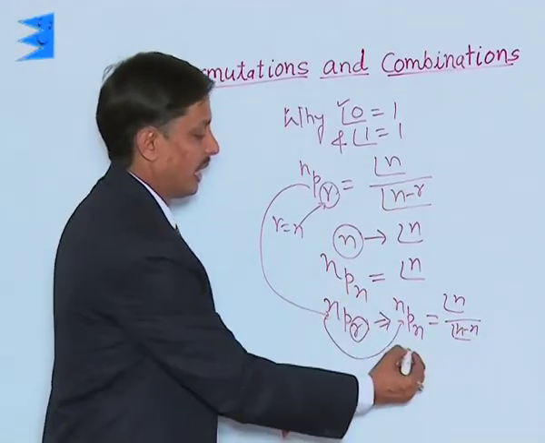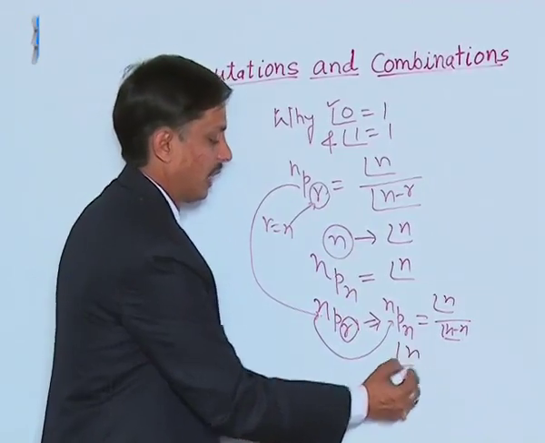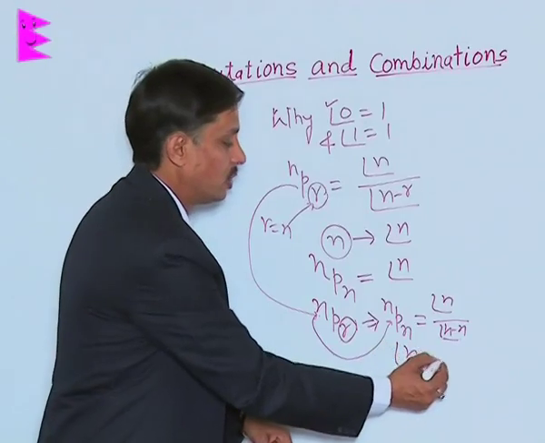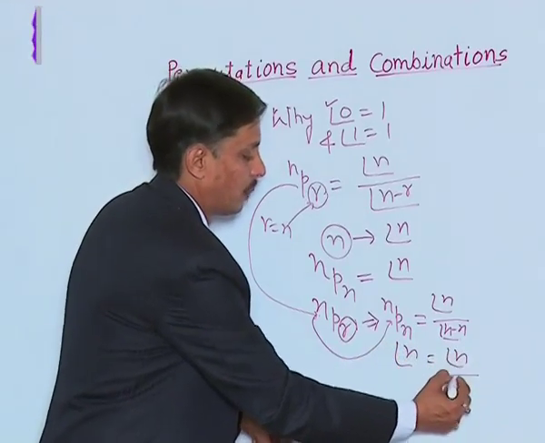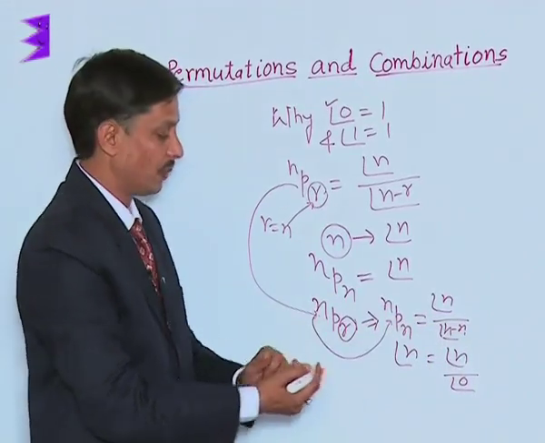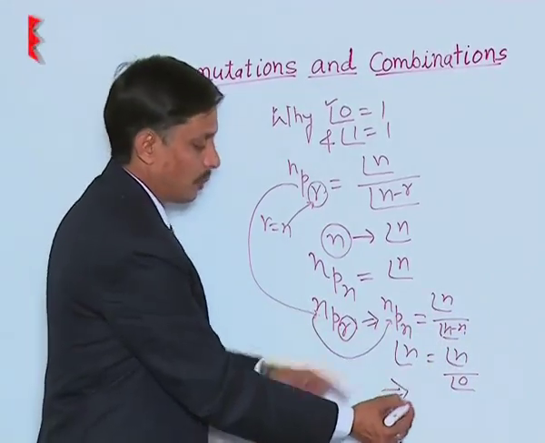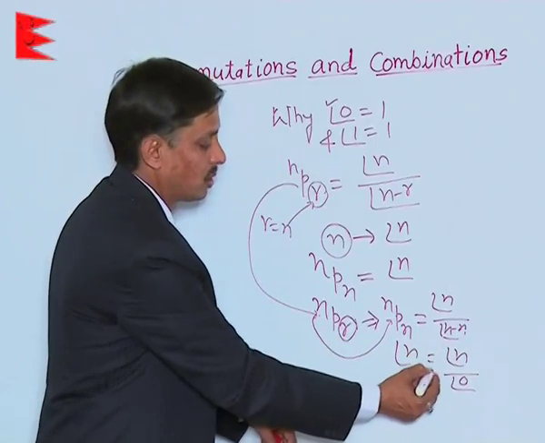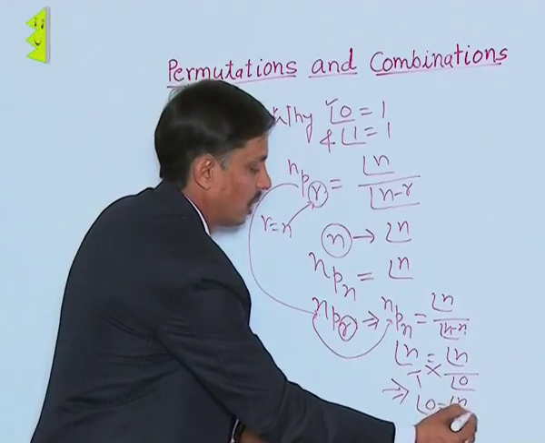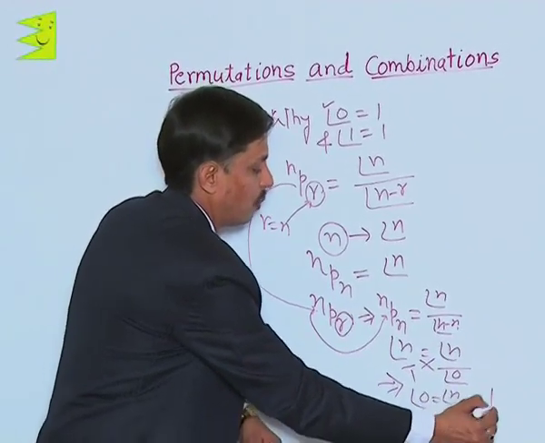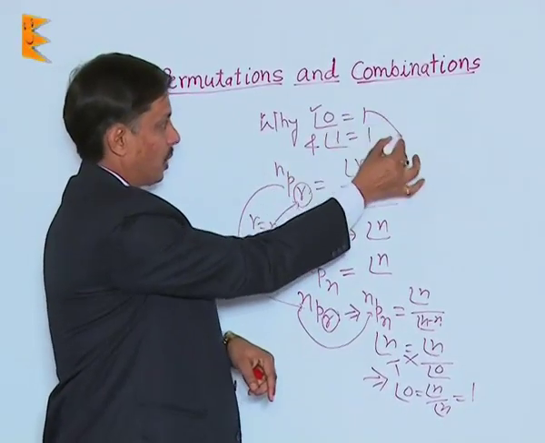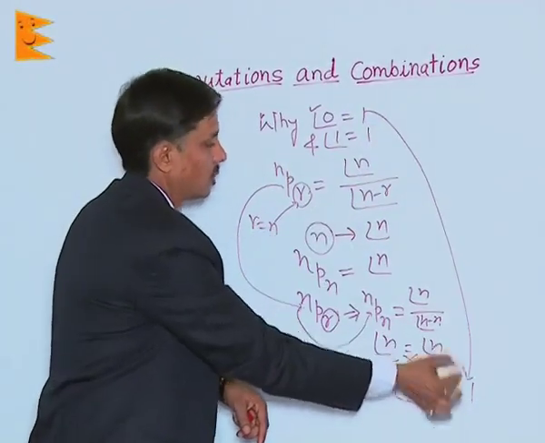But nPn, I have told you, is factorial n. So nPn is equal to factorial n, and is equal to factorial n upon factorial 0. N minus n is taken as factorial 0. So by cross multiplying, we get factorial 0 as factorial n upon factorial n, which is equal to 1, which proves our result that factorial 0 is equal to 1.